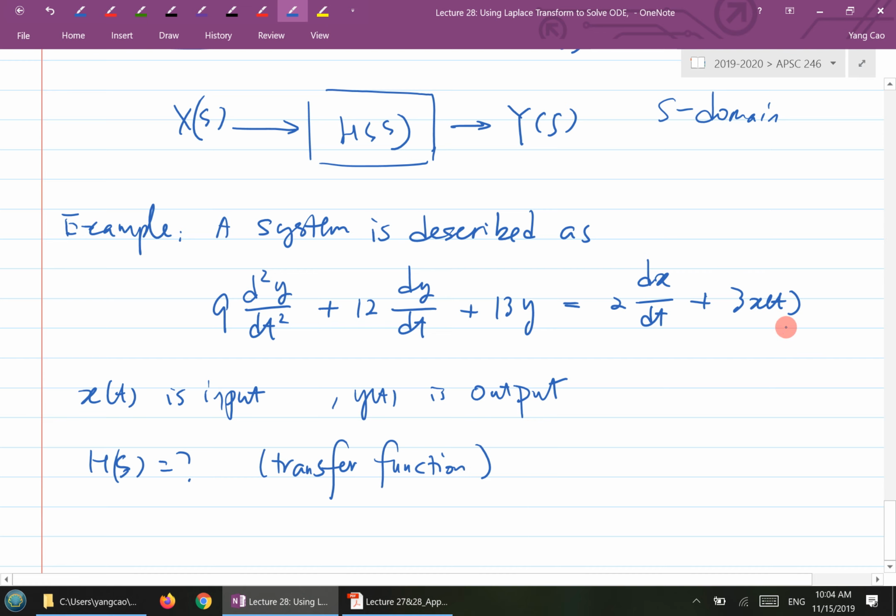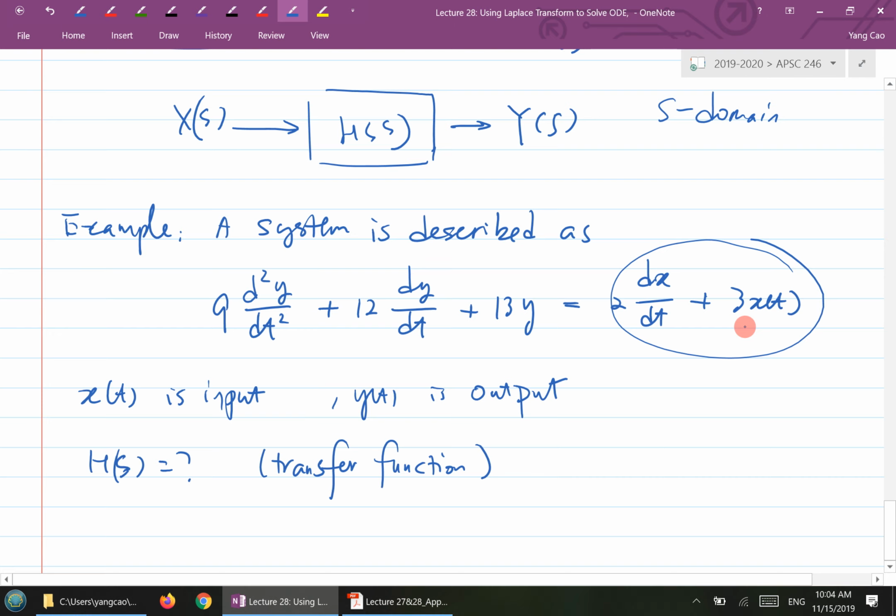It's a general input, and that actually makes sense. When you have a system, you can practically give any kind of input to the system. But if you have a specific input, you plug it over here, then you will have an expression on the right side, and then you can actually solve that second order ODE, like what we did, whatever approach that you can use.